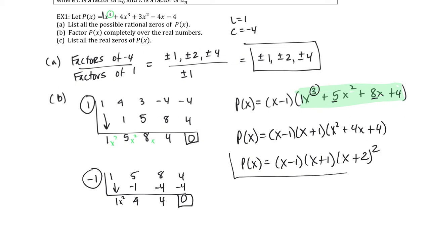Okay, so mission accomplished. I factored it. Now I just need to list all of the real zeros. So the zeros are x equals 1, -1, and -2.